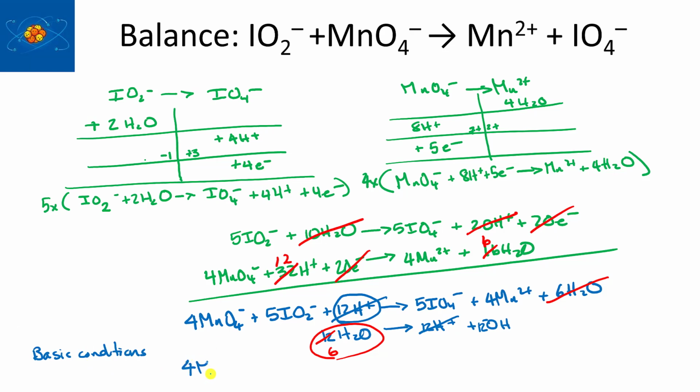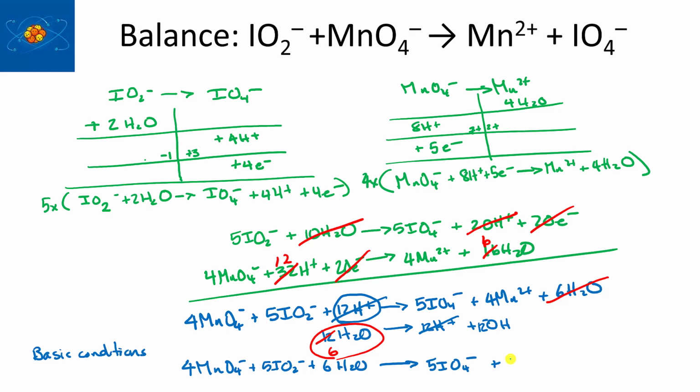I have 4 right now, MnO4 minus plus 5IO2 minus plus 6 H2Os. I have 5IO4 minus. Technically, what probably happens in this reaction is the manganese precipitates out.